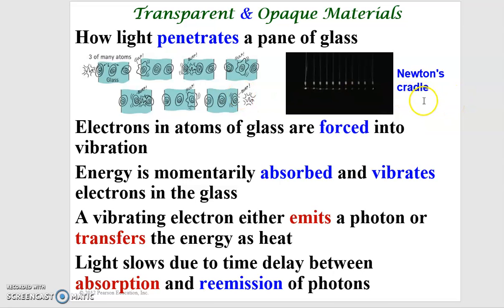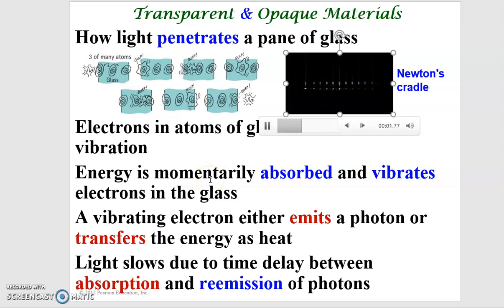So let me show you a video of how the electrons in atoms of the glass are forced to vibrate due to these kinds of transitions. You can see this is how the light is transmitted through the interaction of the electrons. The light comes in here and excites the electron here, and the energy is transmitted through.